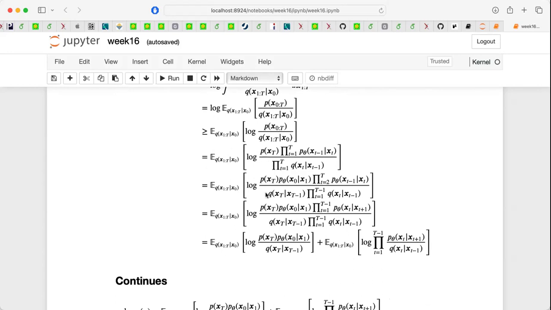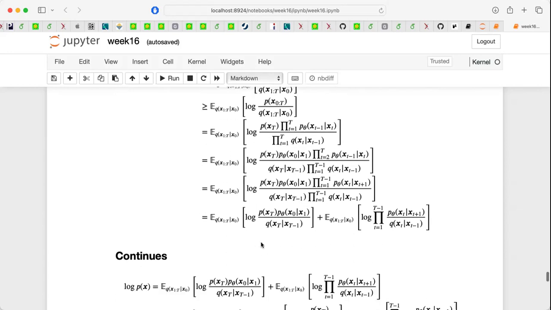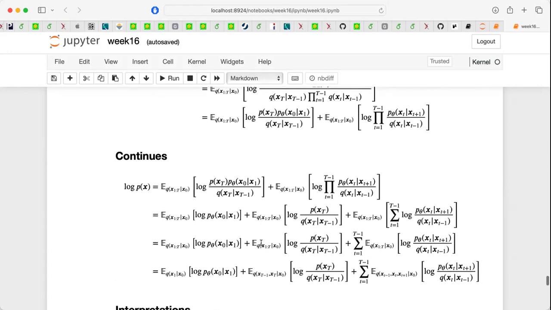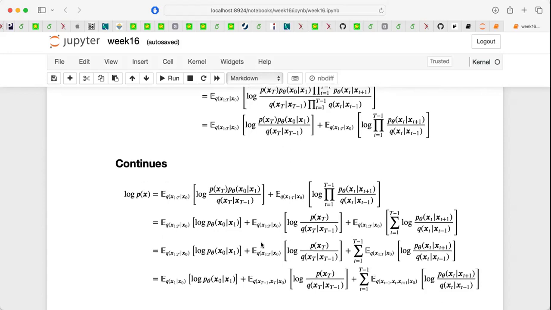You can split this up again, and that means that we can rewrite, if you look at these equations here, in terms of the Kullback-Leibler divergence. When we rewrite these terms, this is not very exciting, and I have borrowed many of these things from the work by Calvin Luo.